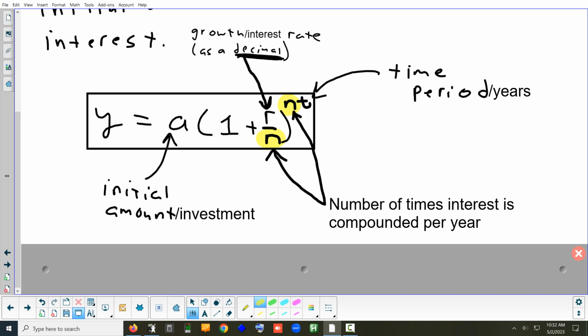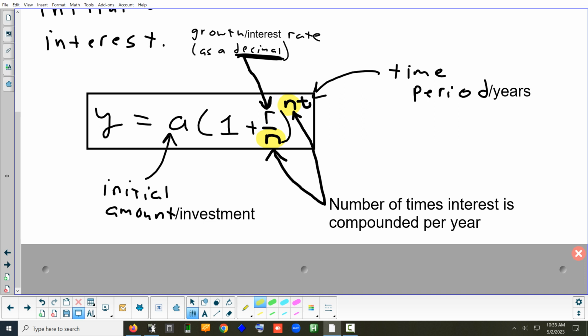So in this particular formula, you have to take R and divide by N. And you have to take the T and multiply by N. So what is N? Well, N is something that a bank would tell you. And it has to do with how many times interest is compounded per year. What does that mean? It basically means how often the bank puts money in your account.